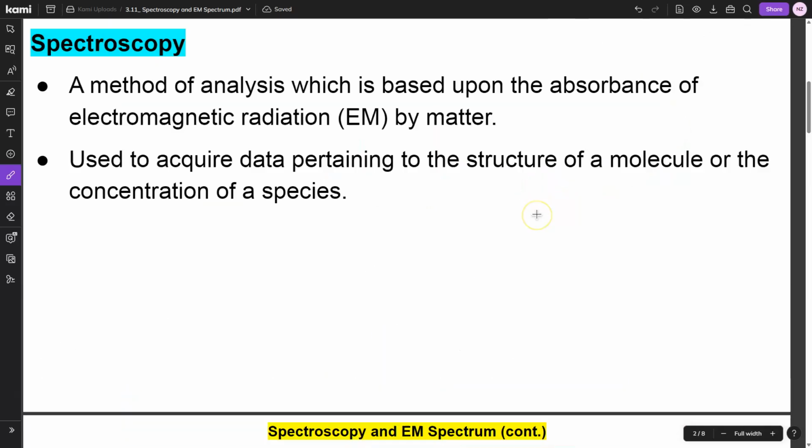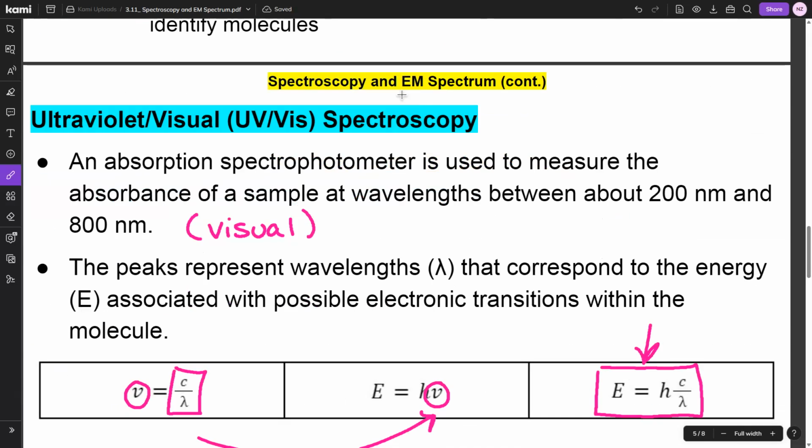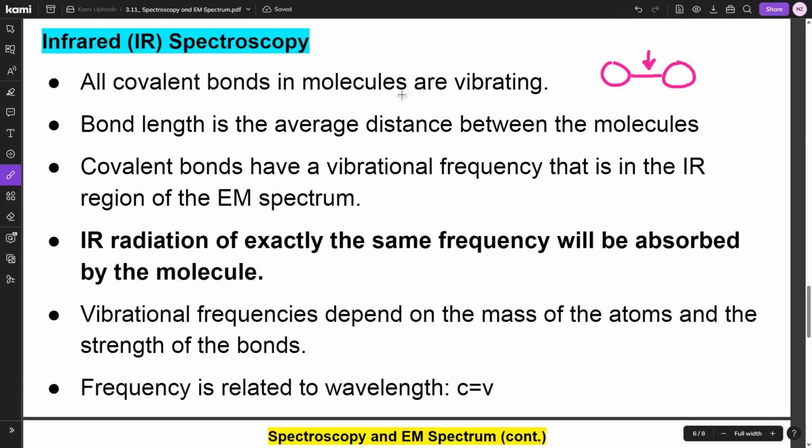So if we go back up and look, infrared is just outside of visible light. So it's a longer wavelength than red. Infrared radiation of exactly the same frequency will be absorbed by the molecule. So that is a key point right there.